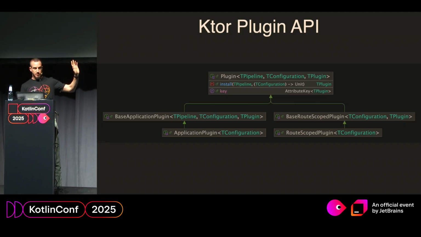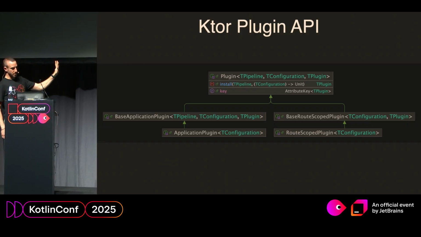Before Ktor version 2, you had this base application plugin. I mean, you still have it, but now there's the application plugin, which implements it and hides away the complexity of dealing with the pipelines. So it's basically since Ktor 2, the API for creating plugins was simplified, and now we're just dealing with the application plugin and root scoped plugin.